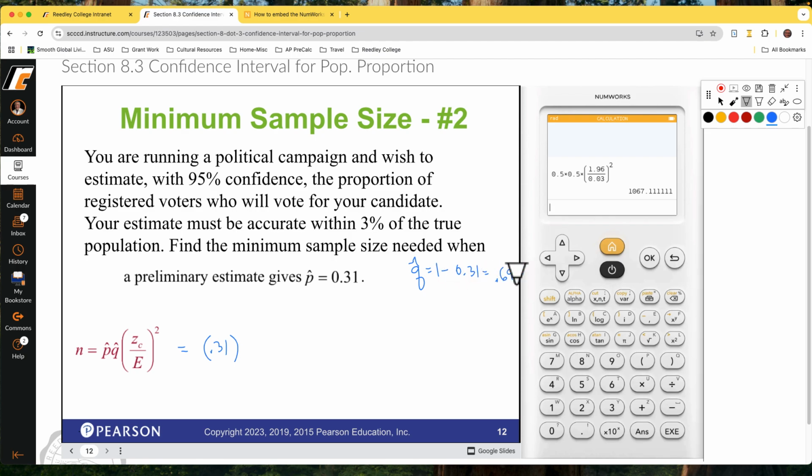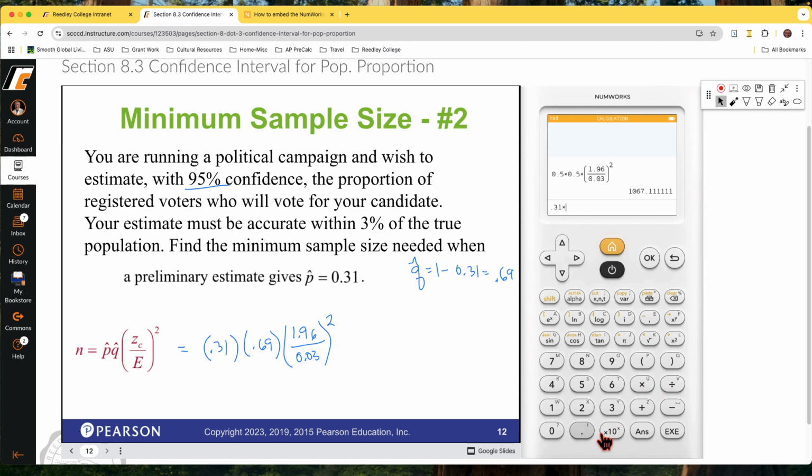We have to do that math on our own, or you could just enter it that way, 1 minus 0.31. Then it's a 95% confidence interval, same as before, so it's 1.96. Again, we could look that up on the calculator if needed. Margin of error is still 3%, so 0.03. We square it. And now let's see what sample size we would need.